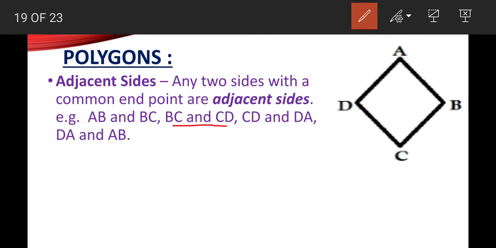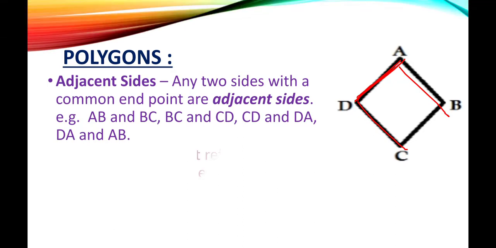Next, BC and CD have a common endpoint, that is C, so these two are adjacent sides. There are more adjacent sides also, like CD and DA, then AB and DA, all these are adjacent sides.